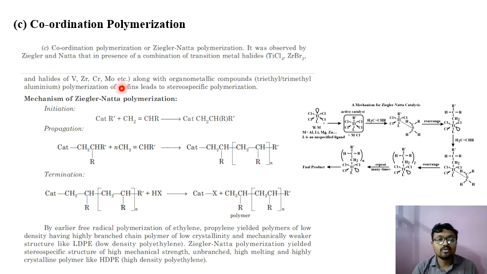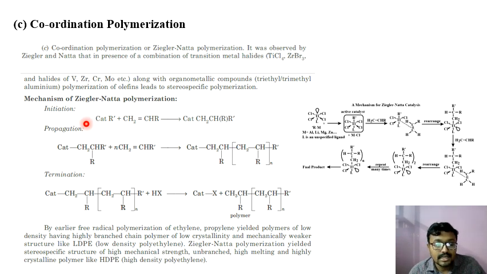Third one is called coordination polymerization reaction. Here we have to use some catalyst in the initiation step to start the polymerization reaction. One important catalyst is Ziegler-Natta catalyst. This Ziegler-Natta catalyst is actually titanium tetrachloride, TiCl4. When we are using this catalyst, it is a heterogeneous phase, right?